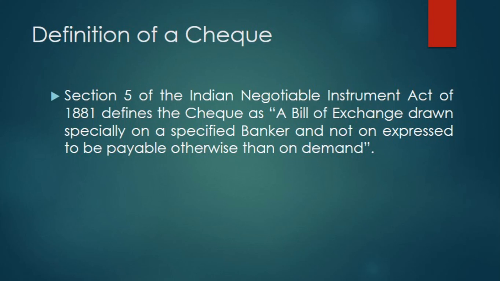Students, if we search for the definition of check in Wikipedia, it defines check as a document that orders a bank to pay a specific amount of money from a person's account to the person in whose name the check has been issued.